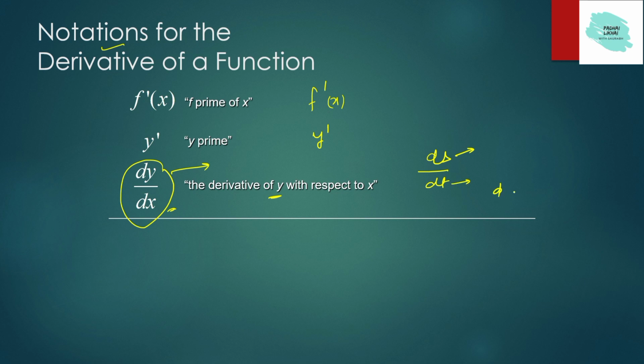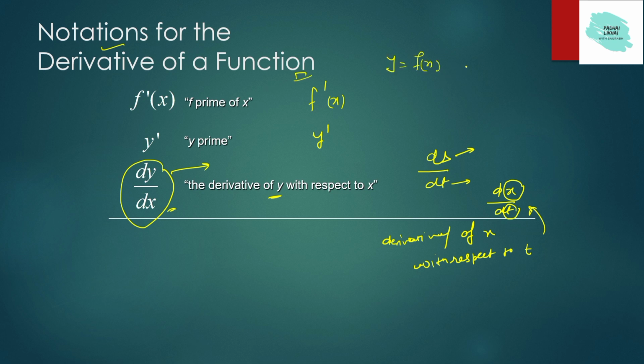If dx upon dt is given, that is the derivative of x with respect to t. So these are the notations of the derivative of a function y equals f of x.